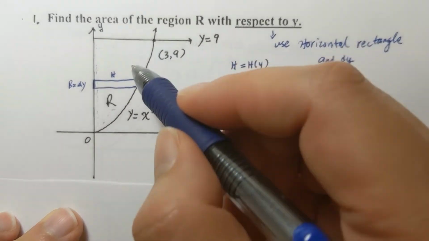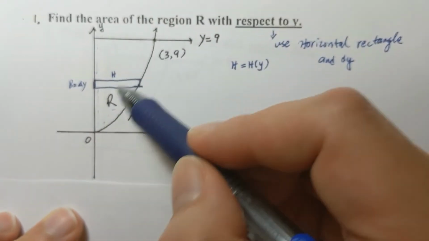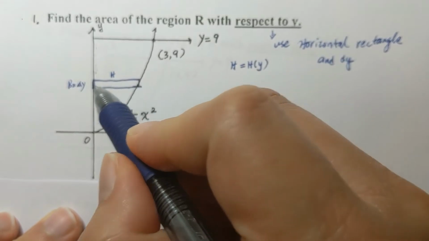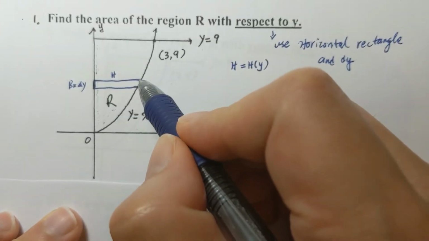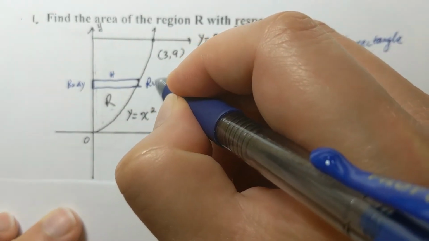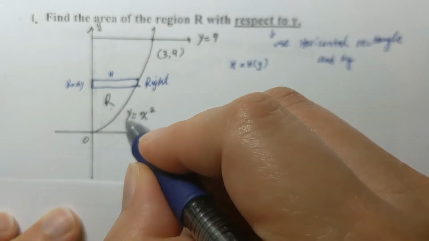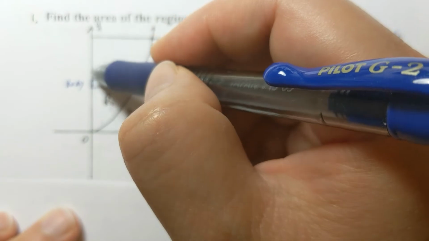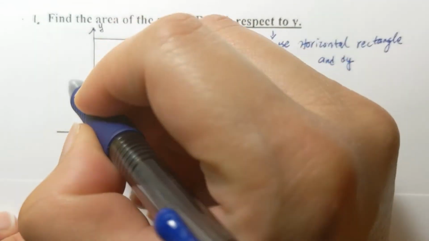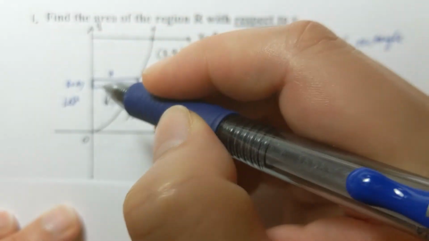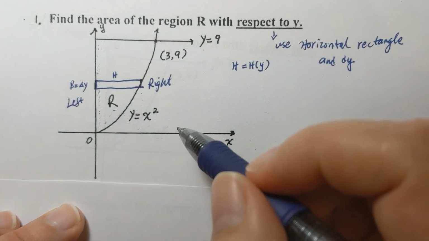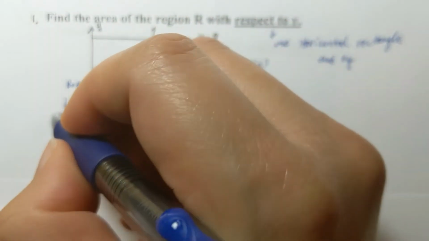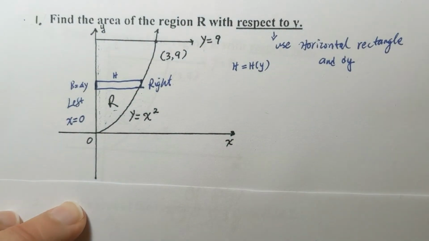So over here, this is the region R. If you look at this rectangle over here, on the right side it's going to be this function, y equal to x squared. On the left side is basically the y-axis. So this is the left function. And we know that the y-axis has equation x equal to 0. So we found the left function.